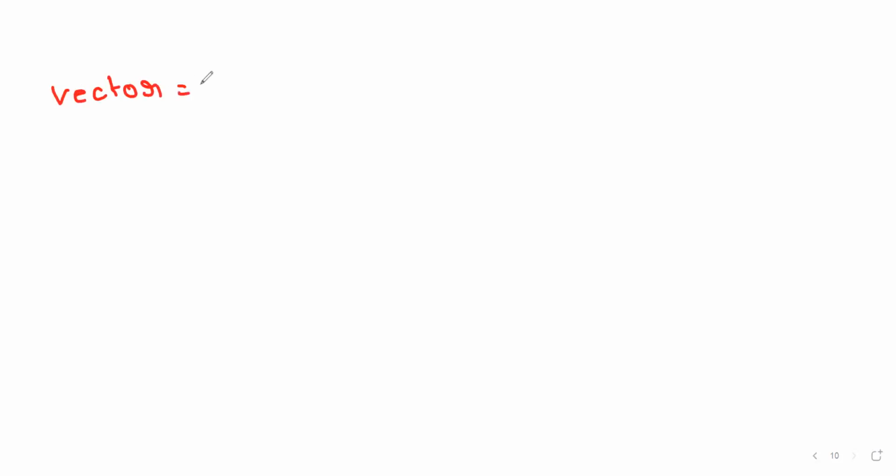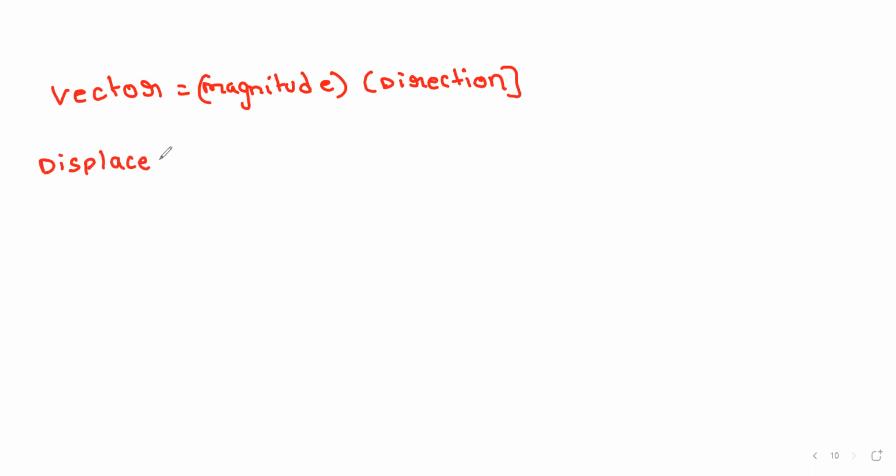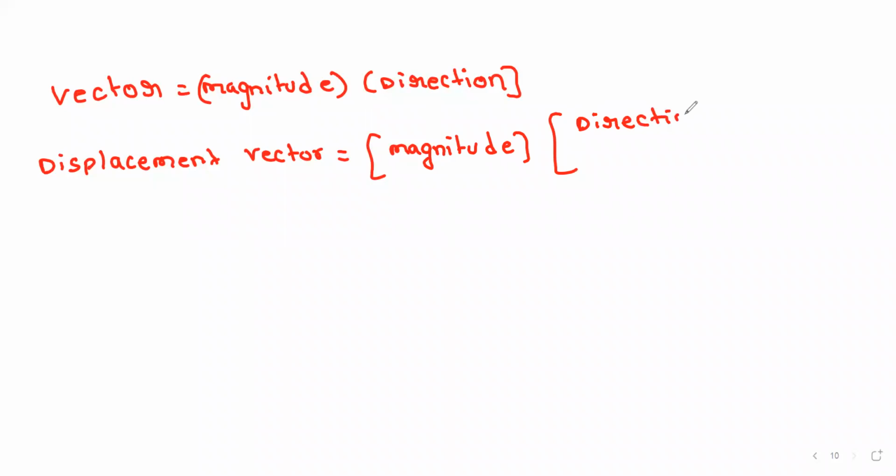Magnitude and direction. So you have to write a vector as magnitude into direction. When I ask you for the displacement vector, you have to say it as the magnitude of the displacement vector into the direction of the displacement vector.